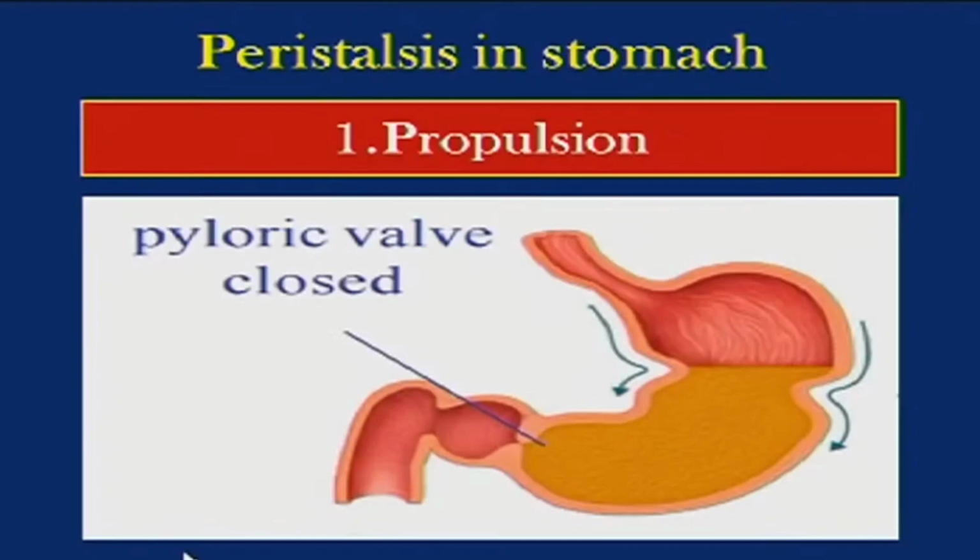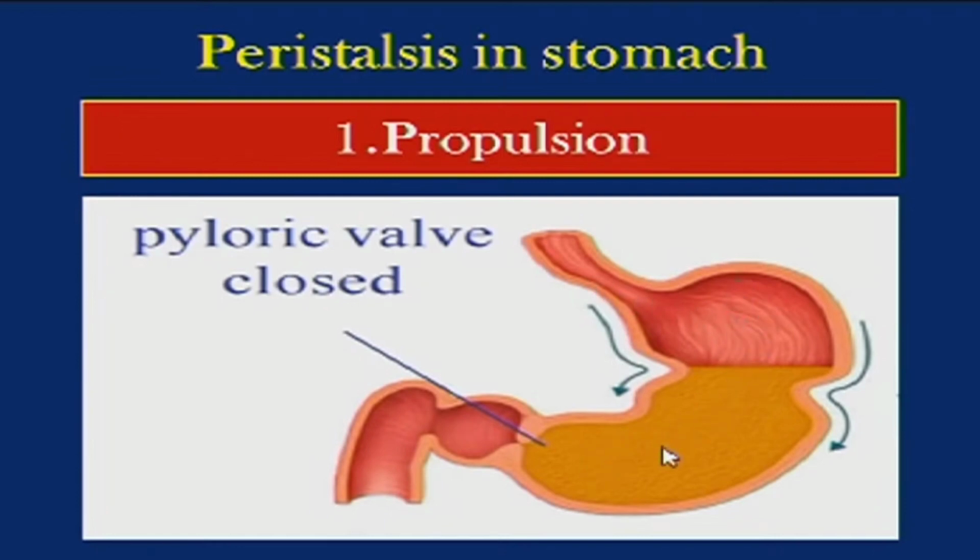Peristalsis in stomach. The three major functions of the stomach are propulsion, grinding, and retropulsion. The first one is propulsion. If you look at this picture, these arrow marks indicate the movement of muscles present in the wall of the stomach. These movements propel the contents in the stomach from this part to this part.